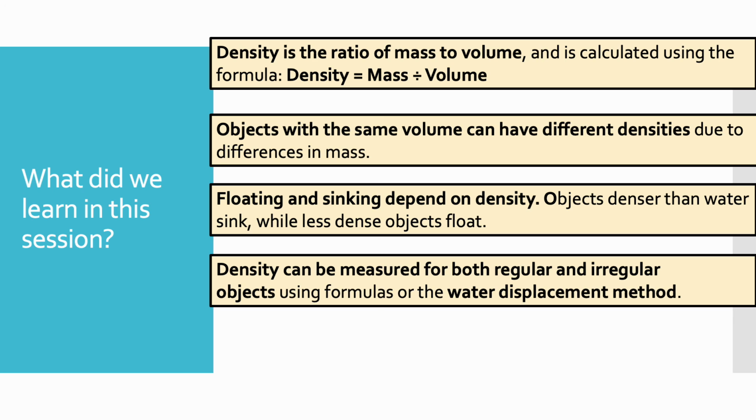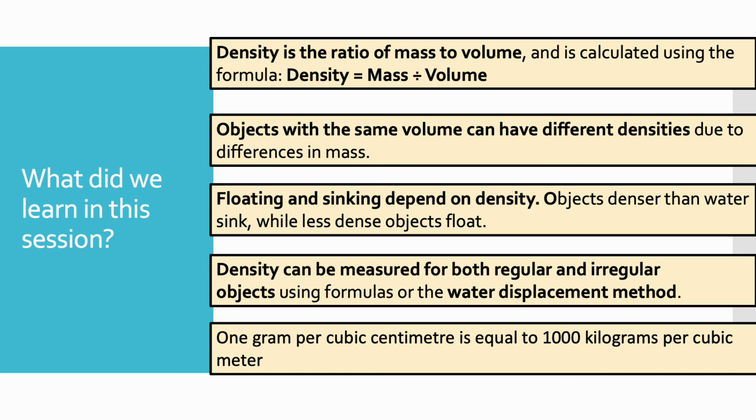For irregular shapes like rocks, we use the water displacement method to find volume. And finally, unit conversion is quite important. We learned that 1 gram per cubic centimeter is equal to 1000 kilograms per cubic meter. This helps us when switching between CGS and SI units.